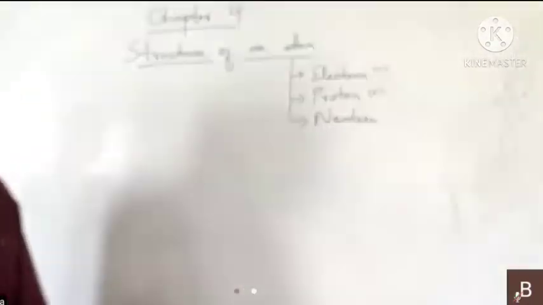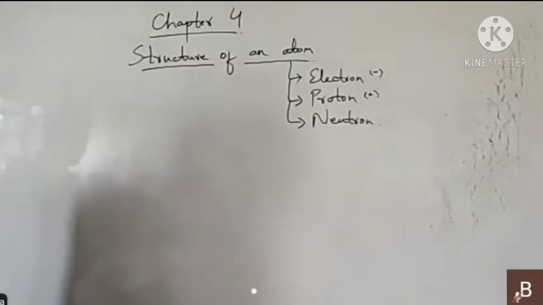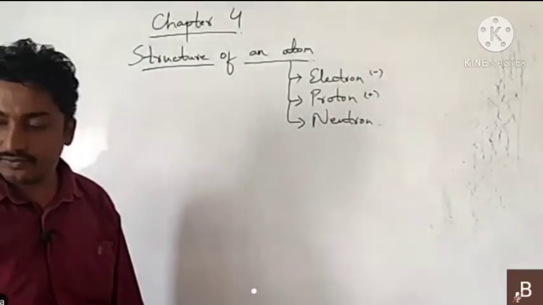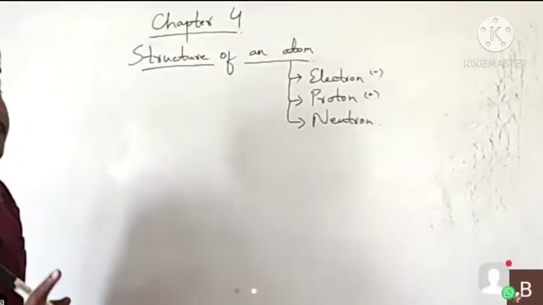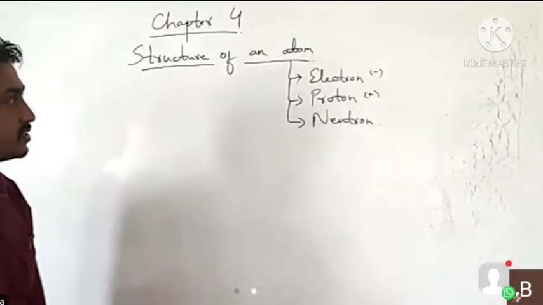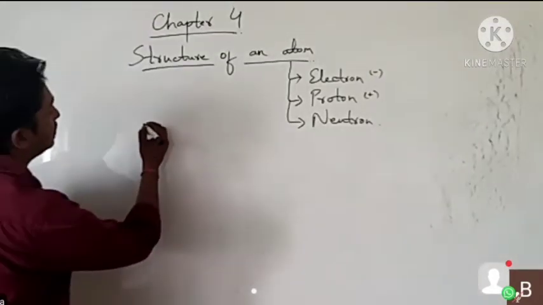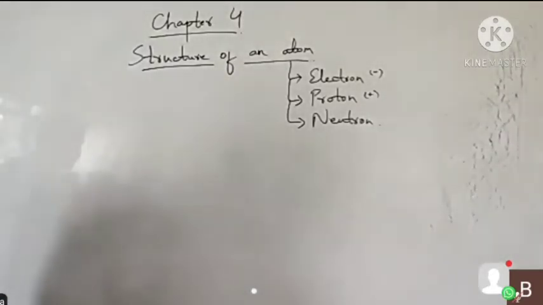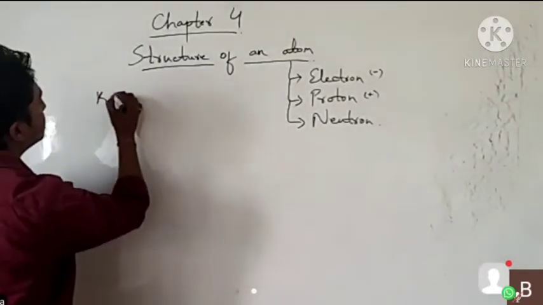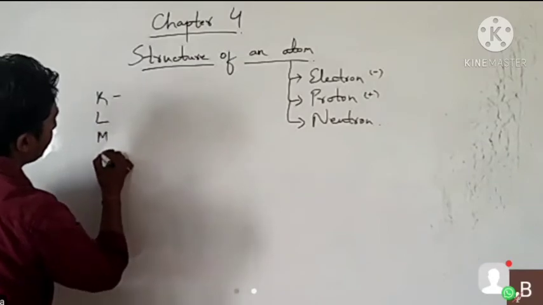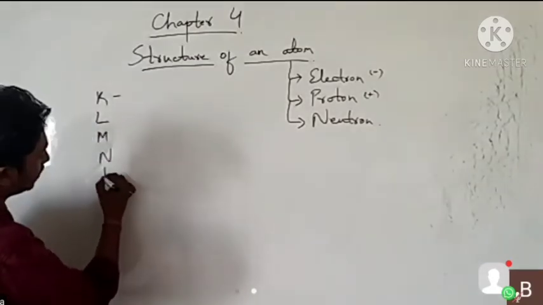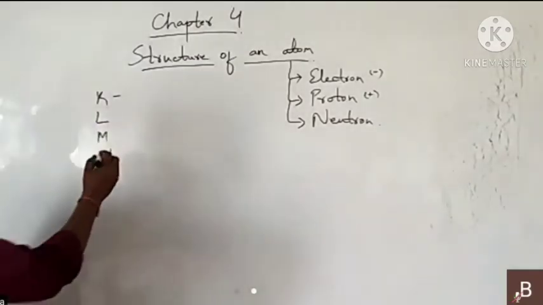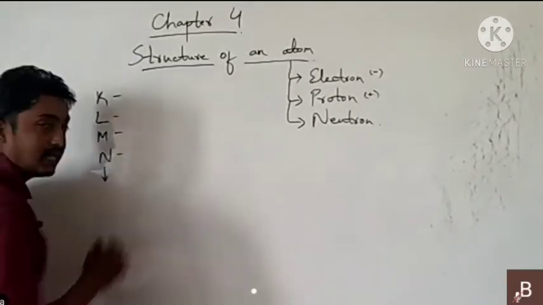So now let's move towards the distribution of electrons in different orbits, that means in different shells. As we know, how many types of shells do we have? K, L, M, N, and so on. It can be O, P, Q also, depending upon the electrons.